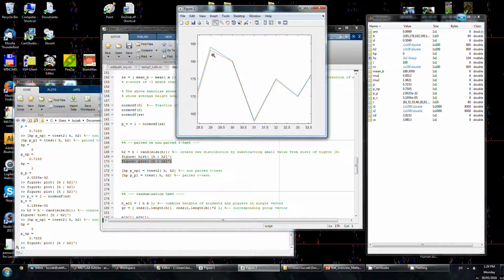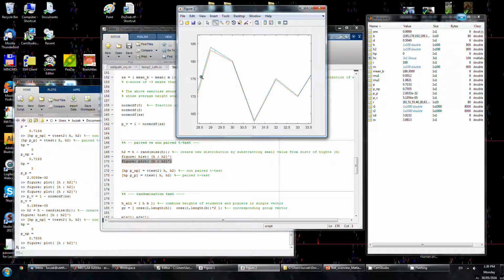But what you can notice is that, as we designed it, by design, this red line is always slightly lower than the blue line. So for example, this person was shorter in the evening by probably around 1 centimeter, this one only by a few millimeters, and so on.